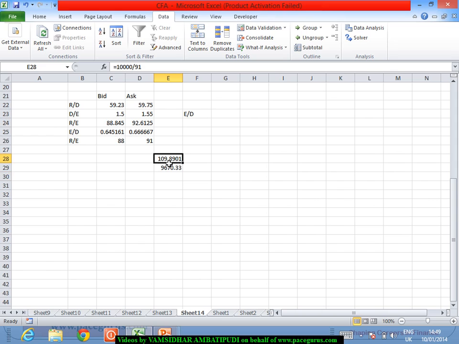Rather than that, if I have these many euros, I will get them converted into dollars. So corresponding to these number of euros, I will get these many dollars. And after that, I will convert these dollars into rupees by multiplying by 59.23. So in this case, I would be ending up with 9,763, whereas here I am ending up with only 9,670.